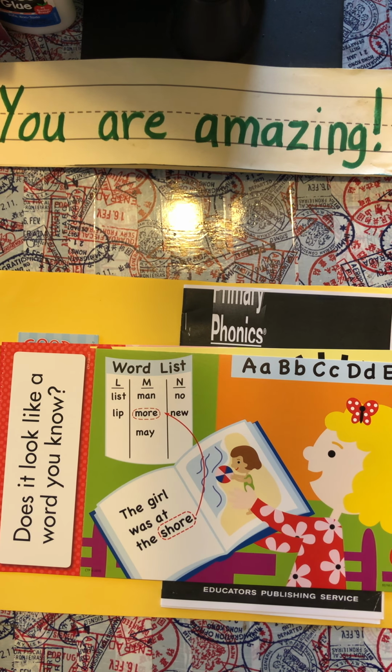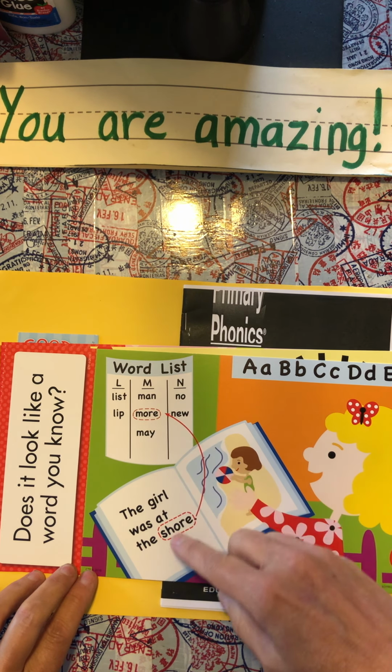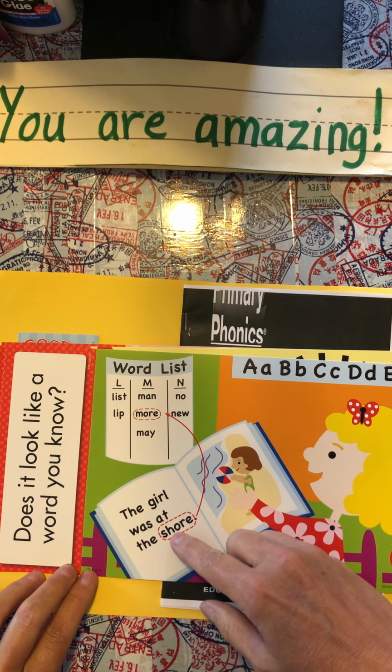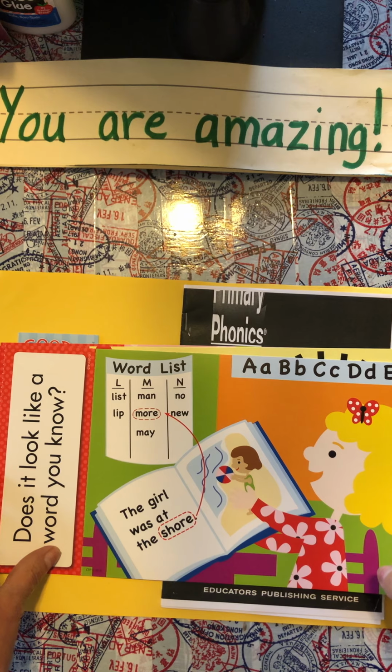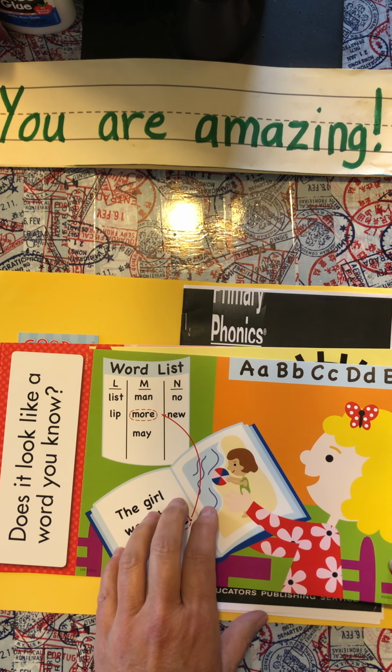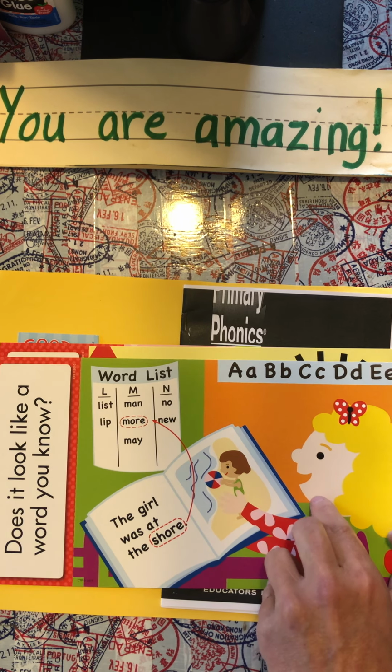We've done that quite a bit with our sight words. So if you knew the word more, then you could put on that sh sound, shore. So you're always looking for patterns that you have seen before in words that you already know.